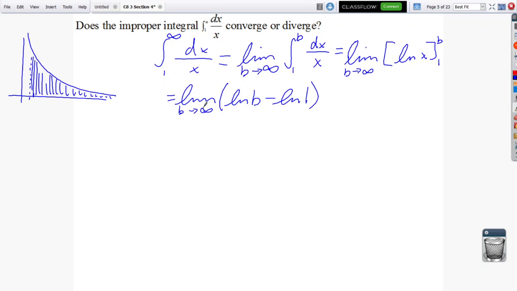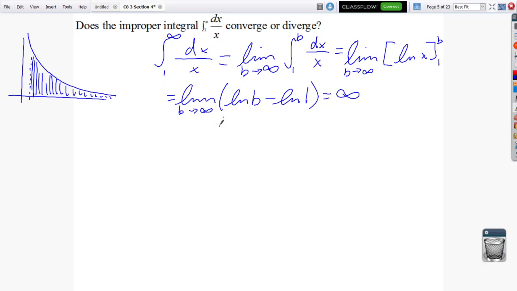We know from last class that ln does increase ad infinitum, so it does get bigger and bigger and bigger. It just does it slowly. So regardless of whether it's getting slowly to infinity or quickly to infinity, ln of b is still infinity. So this answer is infinity.